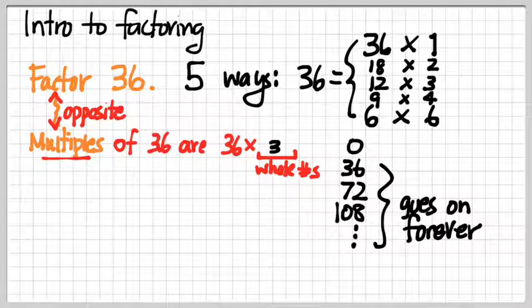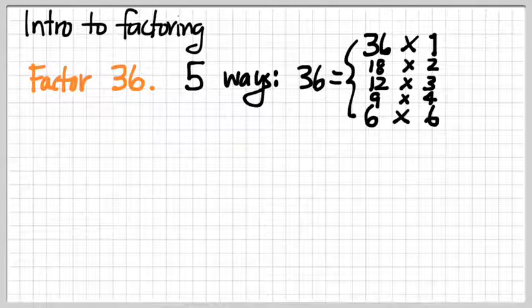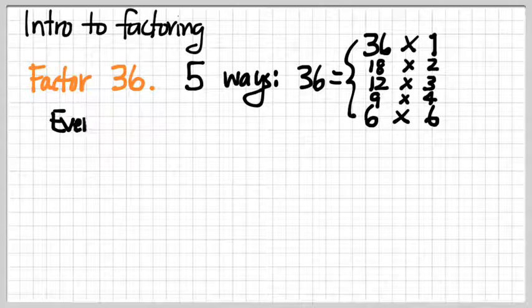What else do you notice, if anything, about the factors that are in this list? Let me make that question a little bit more coherent. So if we're going to think a little bit more deeply about factoring, I could, if I wanted to, list every number which is a factor of 36.